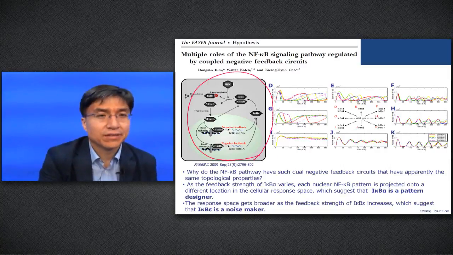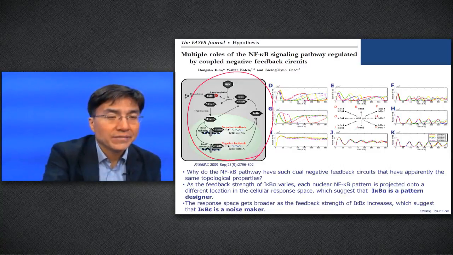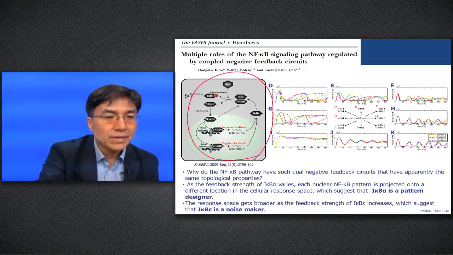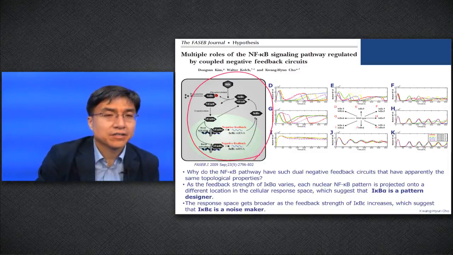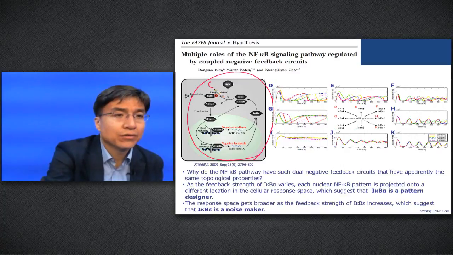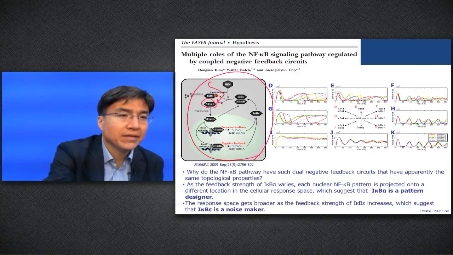If you look at this very carefully, you'll be very intrigued, because once NF-kappa B signaling is activated by some extracellular stimulation such as TNF-alpha, the signaling goes through all these molecular signaling cascades, and finally NF-kappa B goes into the nucleus and binds to its target genes.